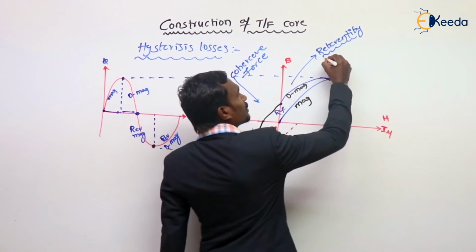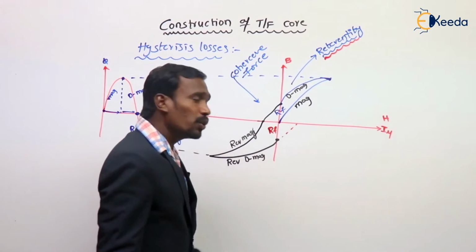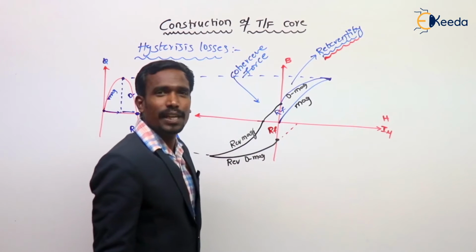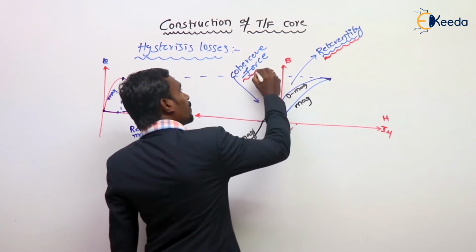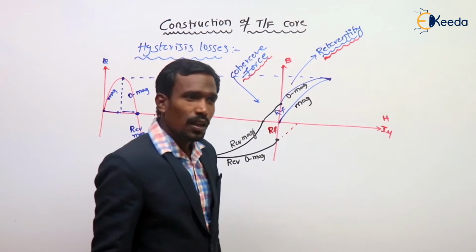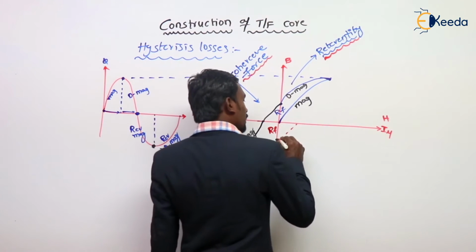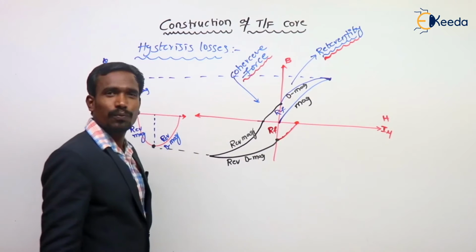This phenomenon is called the retentivity property. To overcome the retentivity, to overcome the residual flux, we have to apply some extra energy. It's a coercive force. When coercive force is given, then it comes to zero.